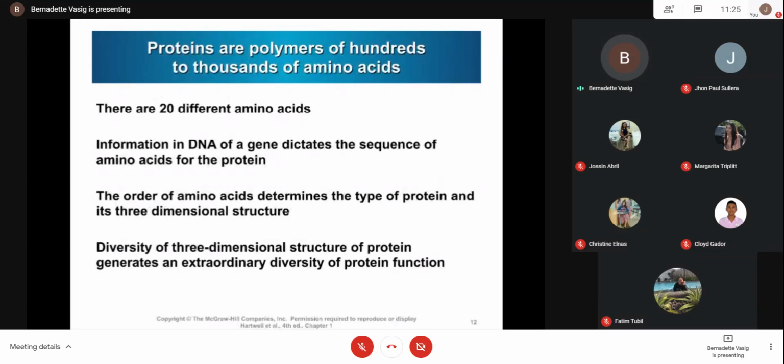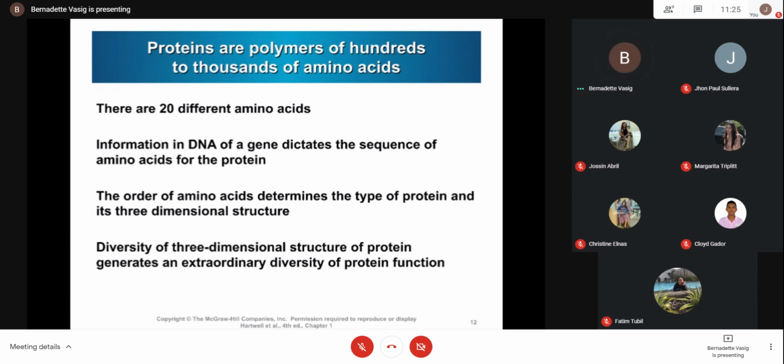Now, proteins are also considered as polymers of hundreds of thousands of amino acids, depending on the size of a polypeptide or a protein molecule. By the way, how are proteins different from polypeptide chains? Before we continue, how is a polypeptide chain different from a protein molecule?